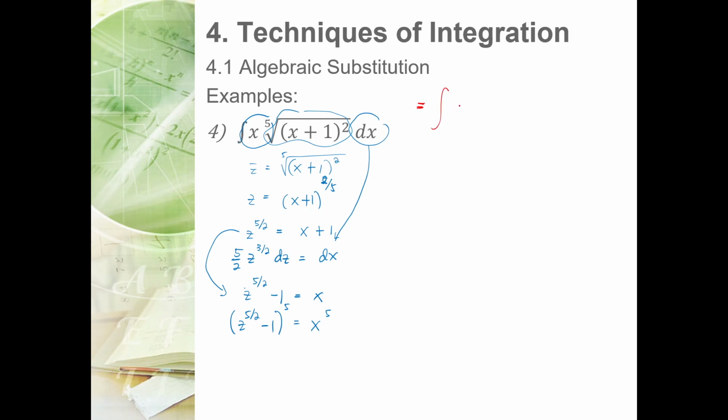The first one is (z to the 5 halves minus 1) to the power of 5. Then next is z. Then dx is 5 halves z to the 3 halves dz.